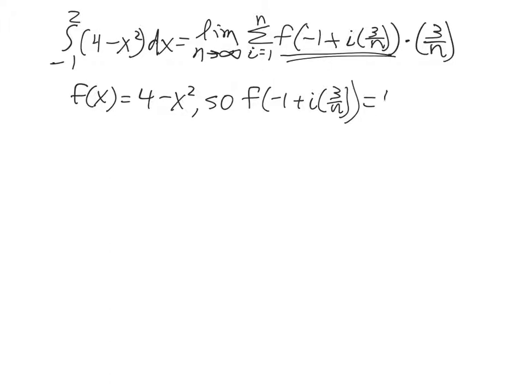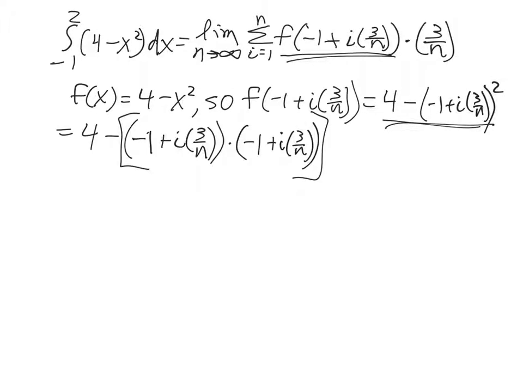So our input, we take 4 minus our input squared. Lots of parentheses here. And then algebraically, we have a few things to do to calculate this. So we'll need to multiply all that out. Don't forget, this is minus that entire quantity.